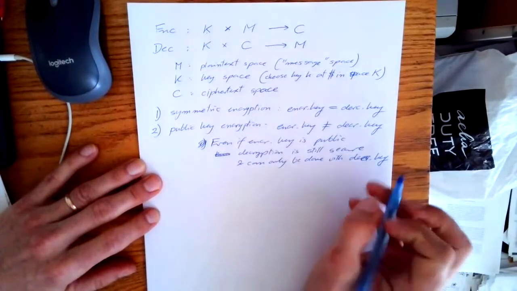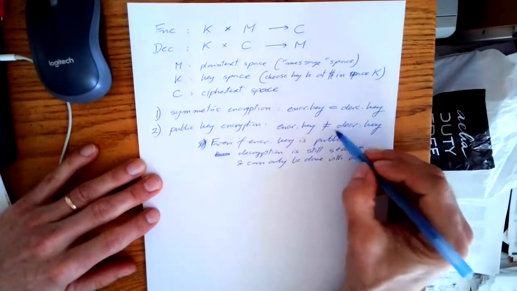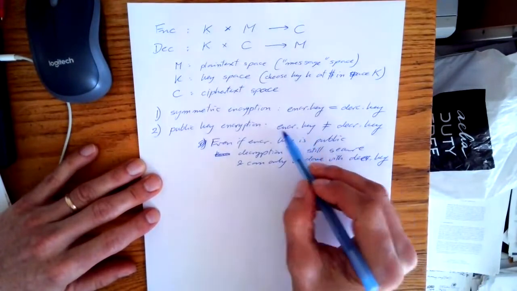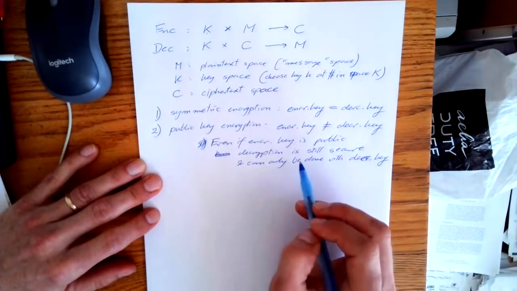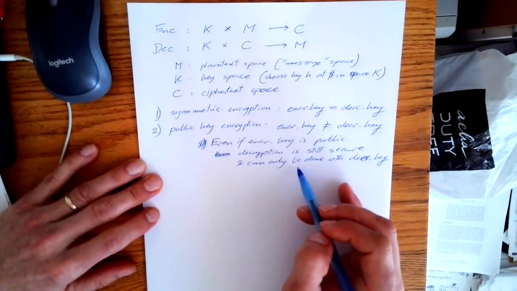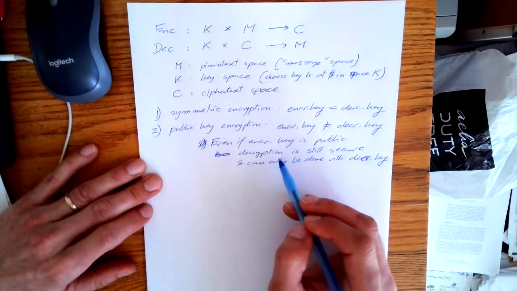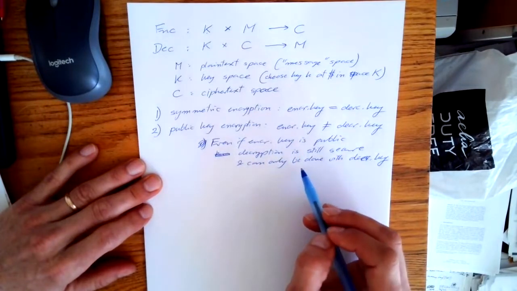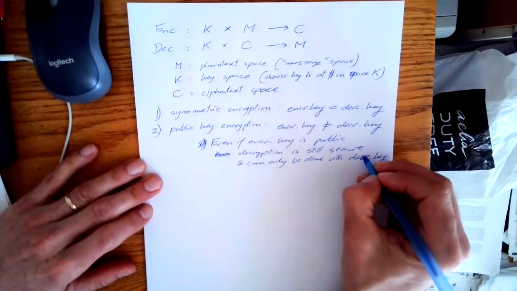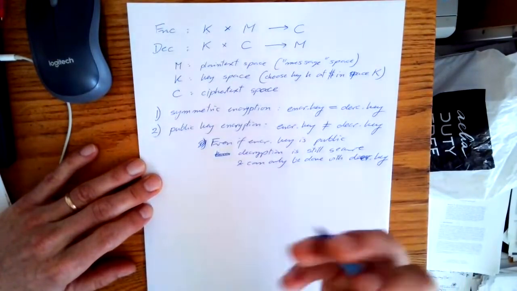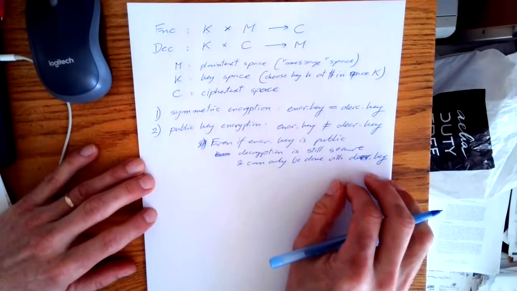Okay, so I'm going to create two keys: the decryption key, which I will keep private, and the encryption key, which I will broadcast all around. And the guarantee of the cryptosystem is that even though this encryption key is broadcast all around the world, as long as I keep this decryption key private, nobody can decrypt but me.